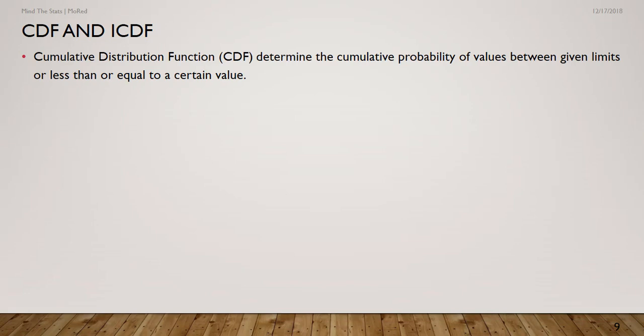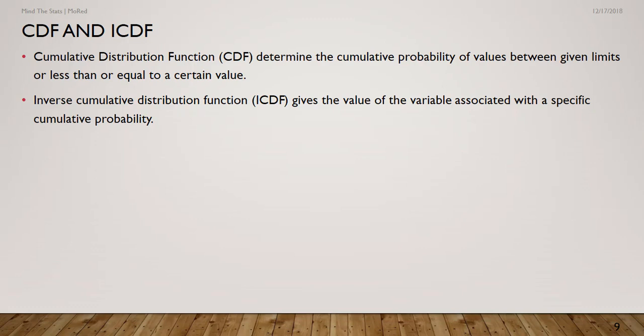As the name suggests, the cumulative distribution function determines the cumulative probability of values between given limits, or less than or equal to a certain value. And the inverse cumulative distribution function is essentially the inverse of it. So it gives the value of the variable associated with a specific cumulative probability. We'll get to use these in the next slides and also in future sessions.